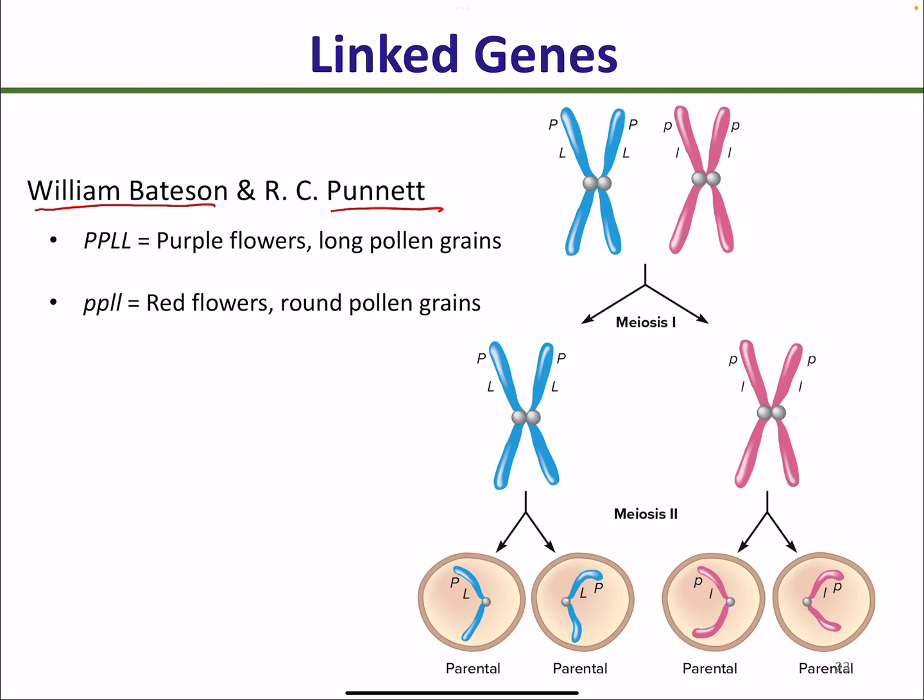So purple flowers with a genotype capital P, and long pollen grains with a genotype capital L. This is a true breeding for purple flowers and long pollen grains, and another true breeding with red flowers, with round pollen, with lowercase p, homozygous recessive for red flowers, and homozygous recessive for round pollen, lowercase l.